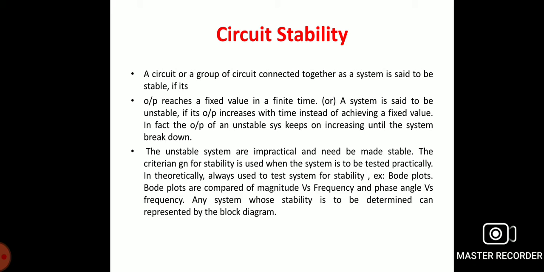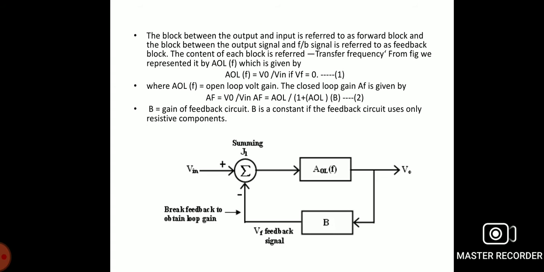Any system whose stability is to be determined can be represented by a block diagram. We can see the block diagram. The block between the output and input is referred to as the forward block, and the block between the output signal and the input is referred to as the feedback.